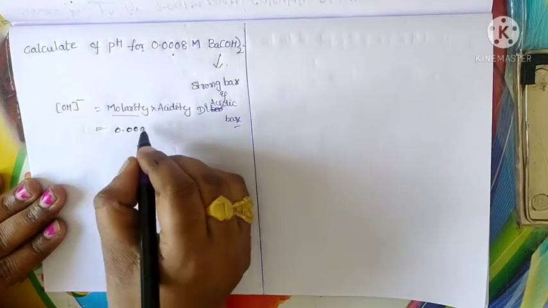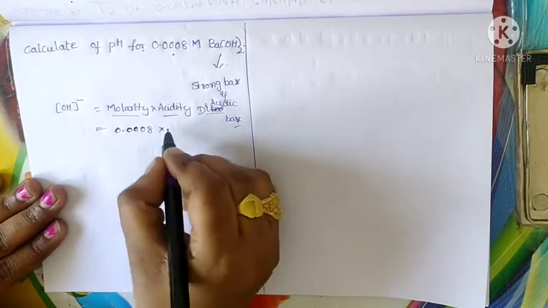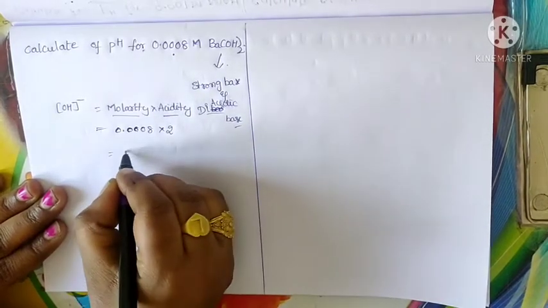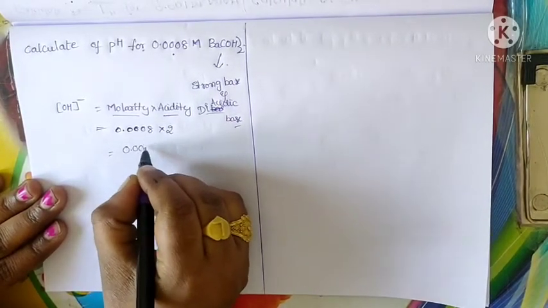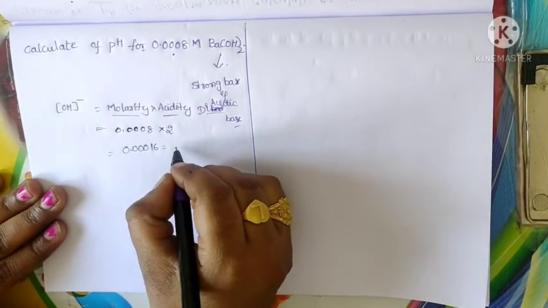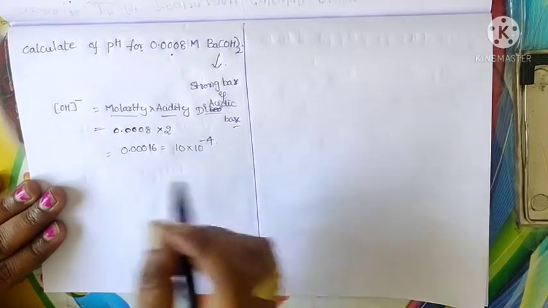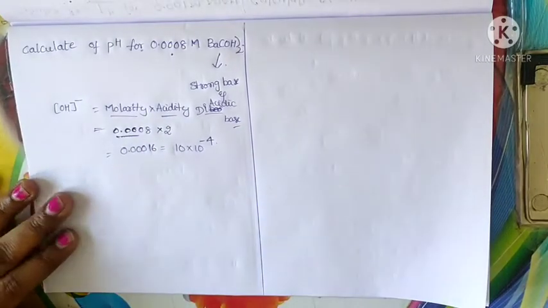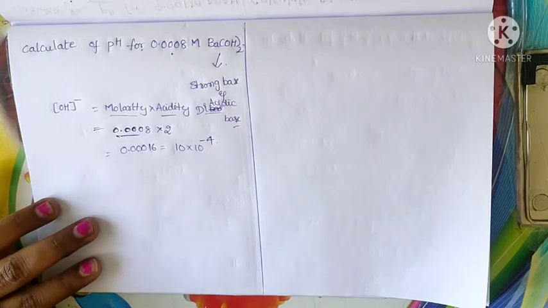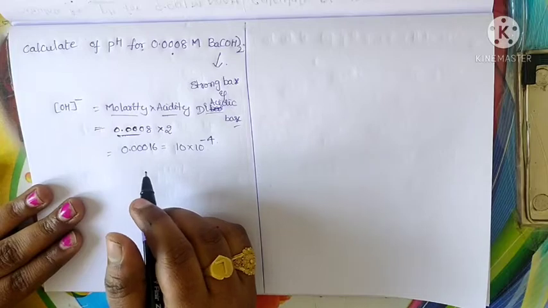In this problem, concentration of OH equals molarity into acidity. So the molarity is 0.0008 into acidity, which is 2. So the value becomes 0.0016. So the value is 16 into 10 power minus 4.